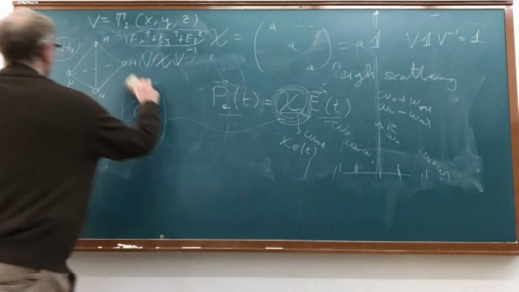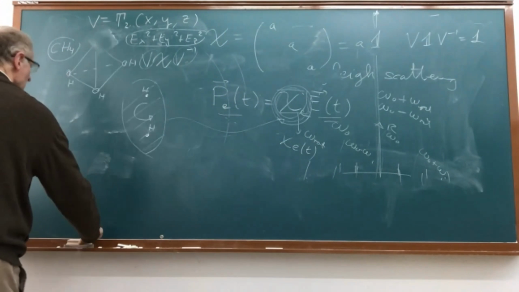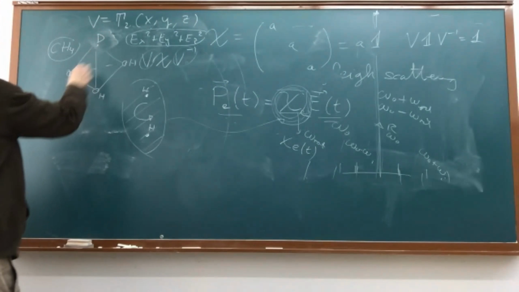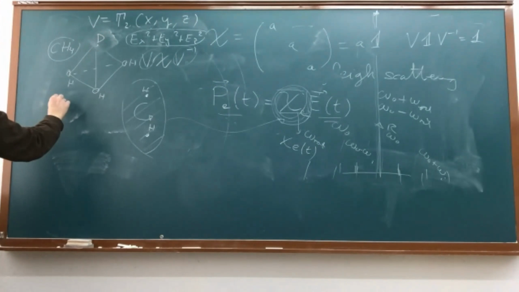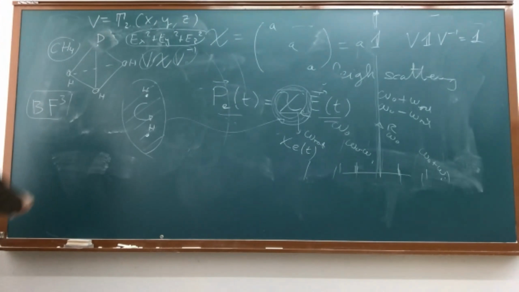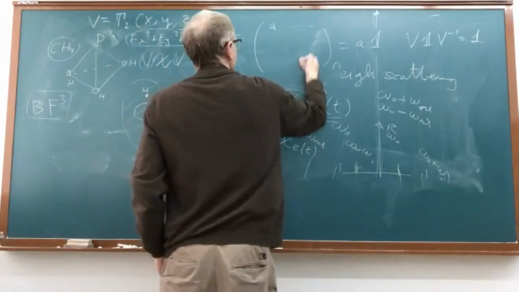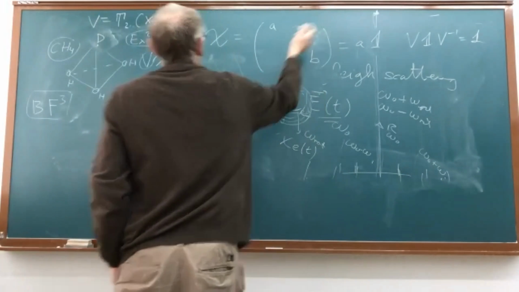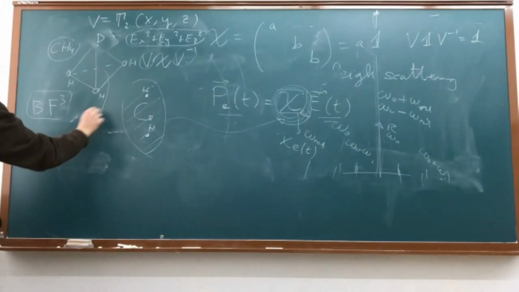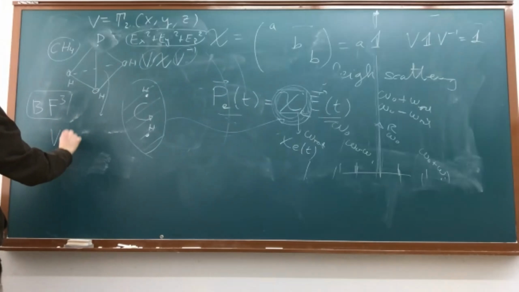However, in deuterated methane, and also for the other molecule that you have studied on your own, BF3, boron trifluoride, the tensor is like this. In the case of the deuterated, the decomposition is this.